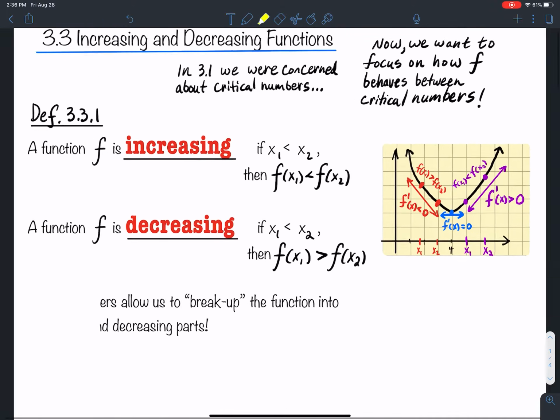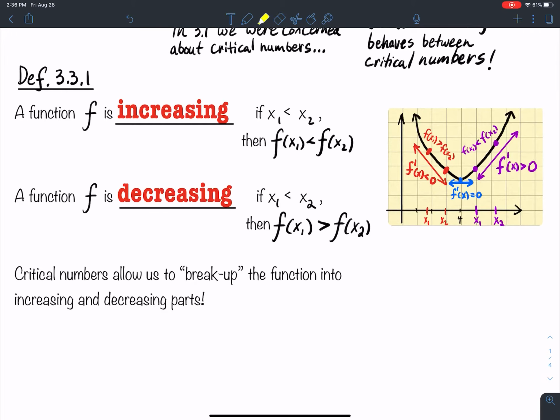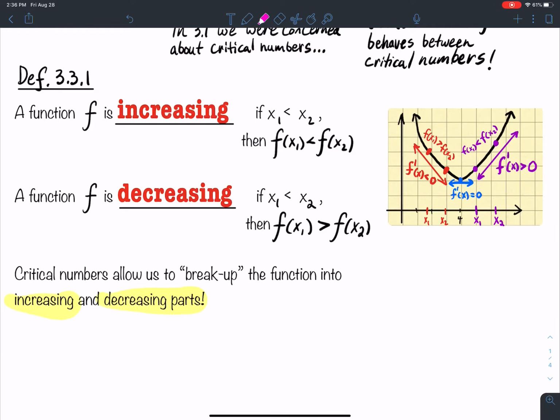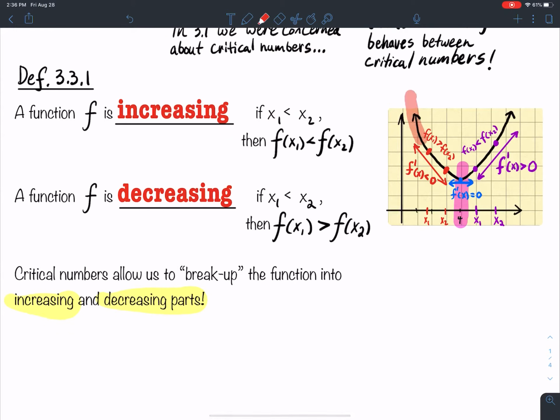So critical numbers allow us to break up the function into increasing and decreasing parts. What do I mean by that? So say I have, with this graph here, a critical number right there. I know on this side over here that I'm decreasing.